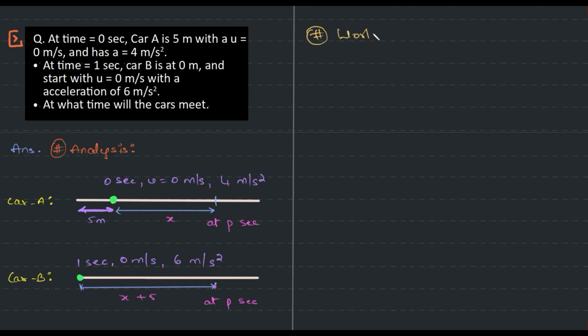The question is what time are they meeting? So let's start with assuming a few things. Let the cars meet at x plus 5 meters away from the origin. Okay, as per the diagram, that's what we have assumed, right? x plus 5 meters from the origin.